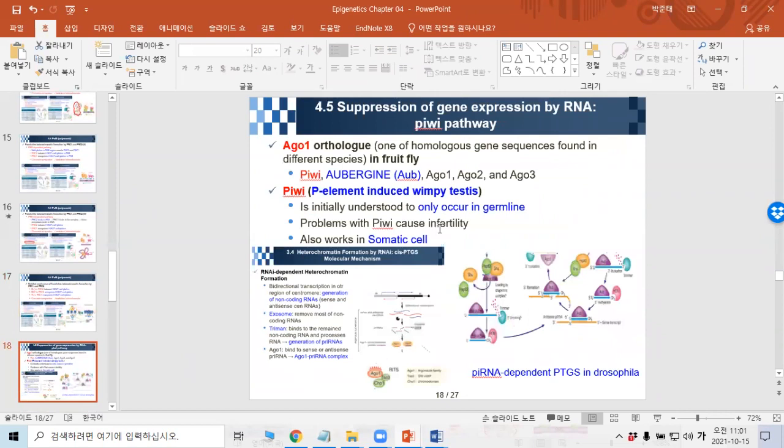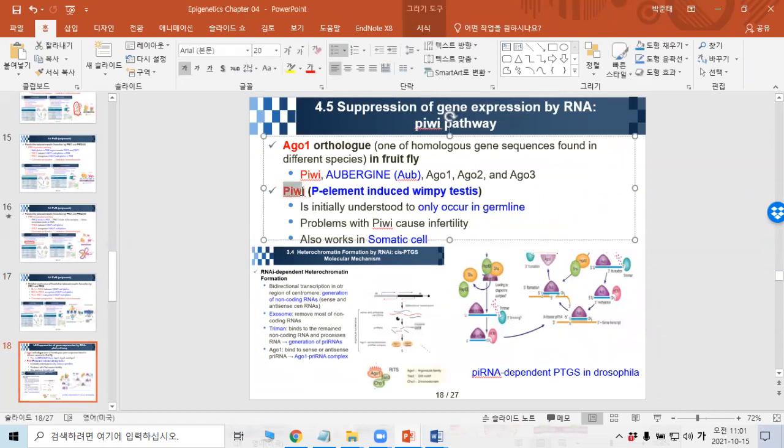And also, especially in fruit flies, they have PIWI and piRNA. The full name of PIWI is P-element induced wimpy testis.